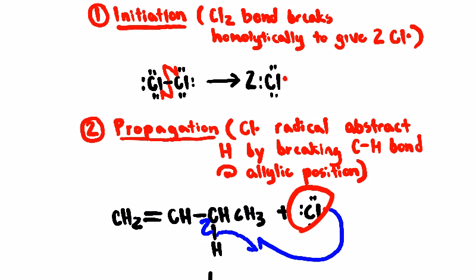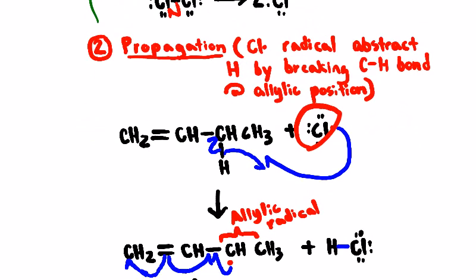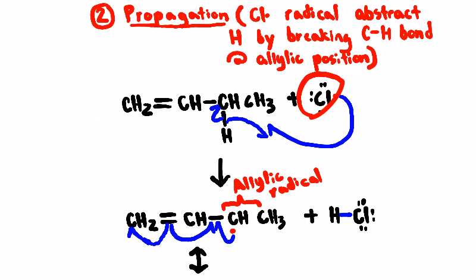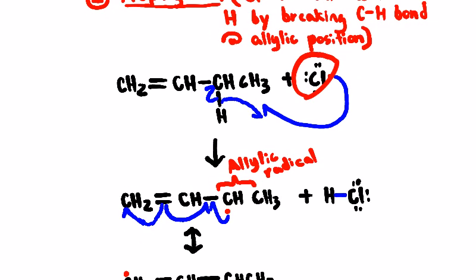And so once the initiation step, which we show up here at the top, has taken place one time in the presence of that light and heat, we're going to see that the propagation steps can take off on their own and basically cycle through. So we can cycle through steps 2 and 3 of the mechanism with just one initiation step taking place.